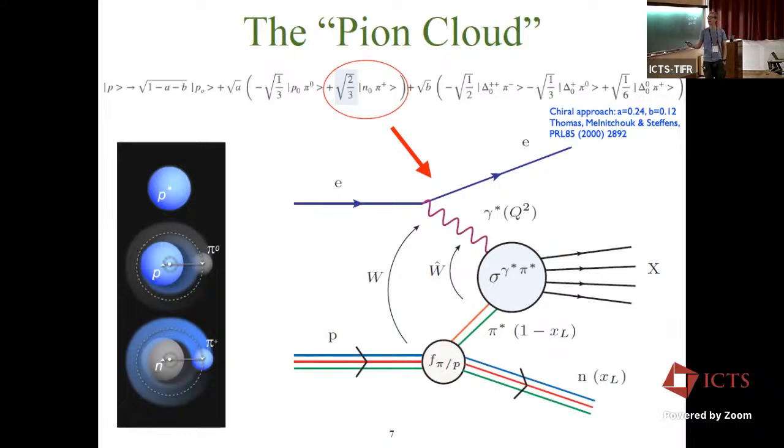If we manage to probe it at that point, then we can probe this pi plus, and then what we're actually doing is DIS on a pion instead of DIS on the proton. So we can calculate the flux of pions out of the proton, then calculate the photon-pion cross-section and convolute the two, and we get our leading neutron cross-section for these events. These are easy to tag because we have a very forward neutron in these events.